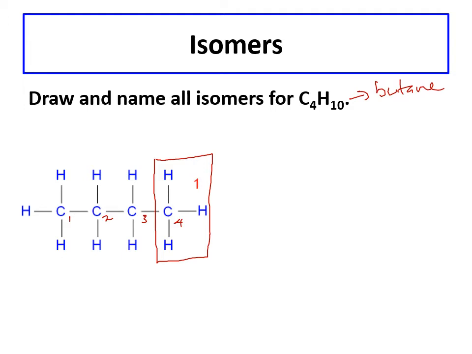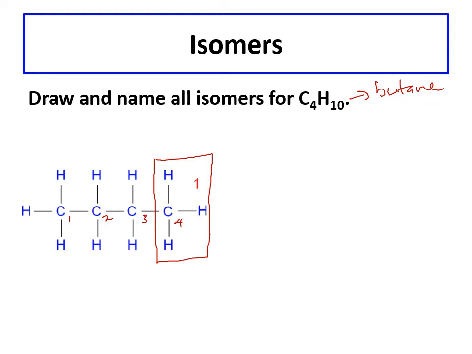The C4 is currently attached to carbon number 3, which means you cannot exchange the position of this CH3 with the hydrogens on carbon 3. You might try to attach the CH3 to C1, but if you do that, you will get the same thing, butane.